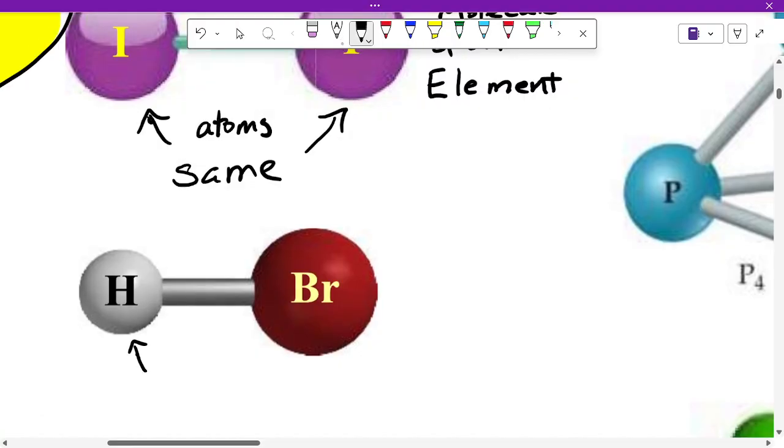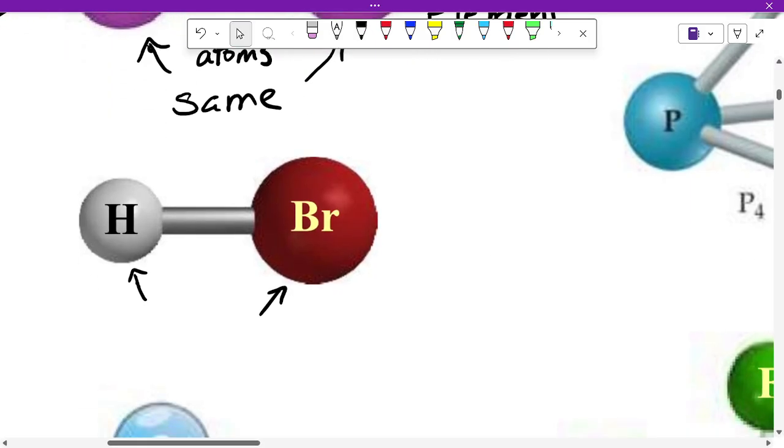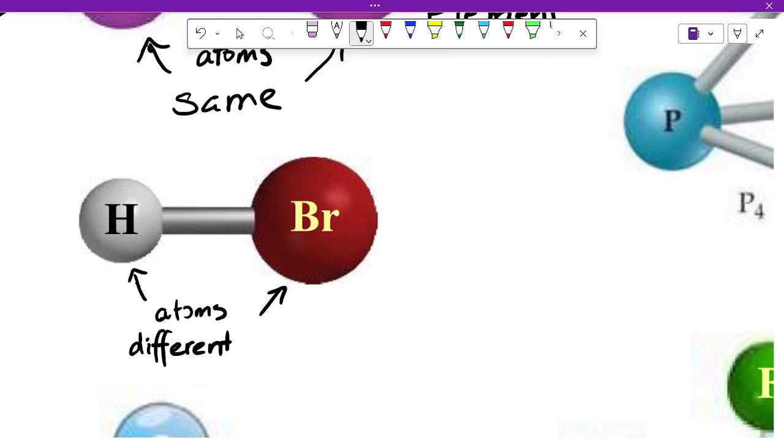We've got here an H and a Br. If the atoms are different, this is a molecule of what? Compound.